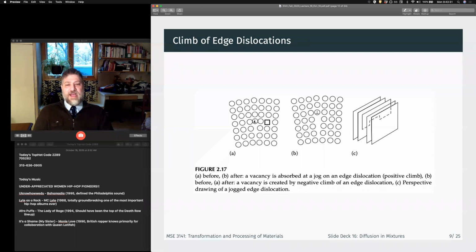And we remember that edge dislocations move in their slip plane in a direction parallel with the Burgers vector, in a direction that's orthogonal to the dislocation line length. So this dislocation is a line coming in and out of the plane, the termination of this extra half plane of atoms.